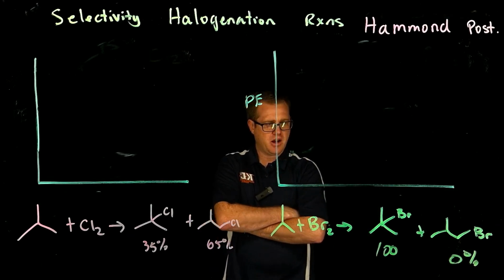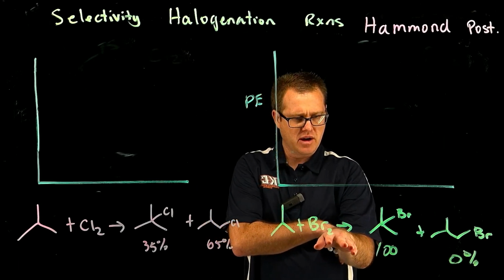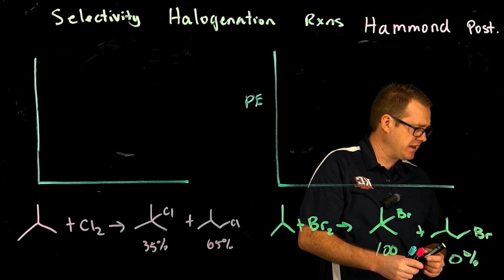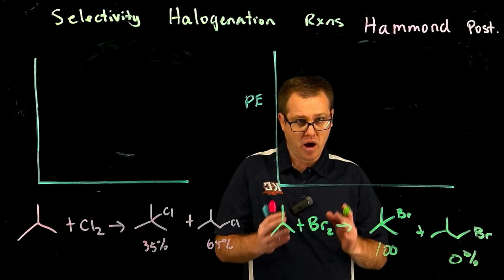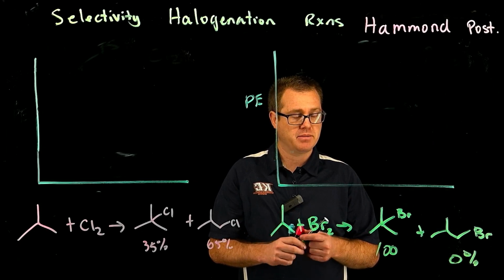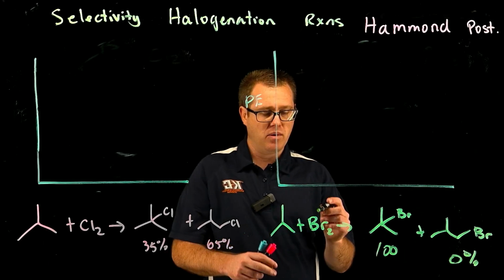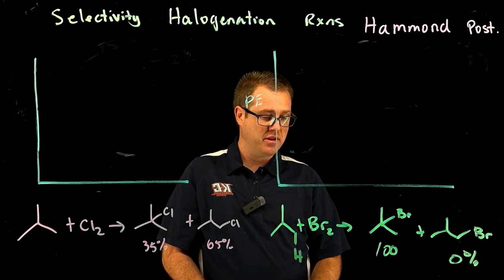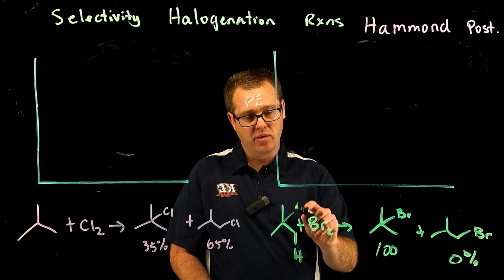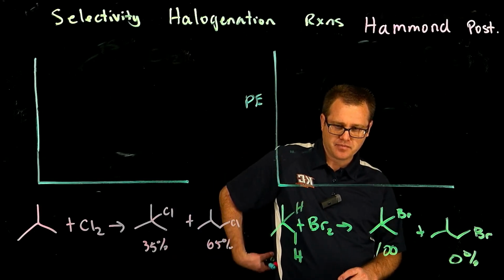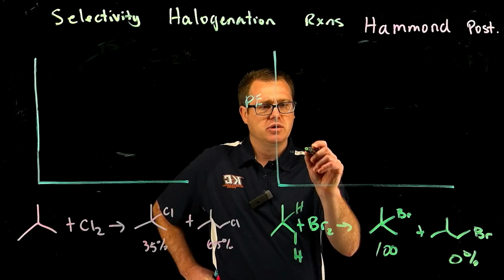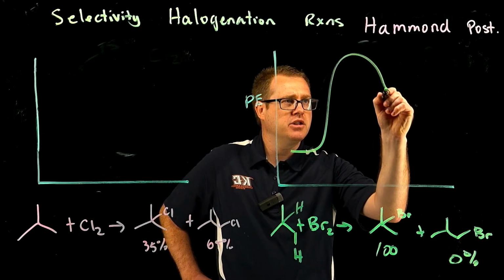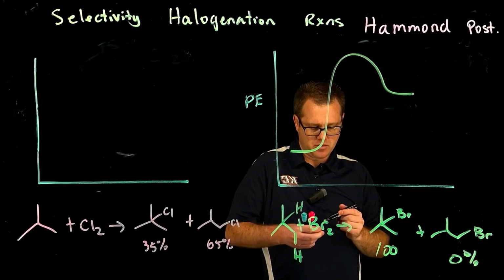Now, let's take our attention here on drawing the energy diagram for this one and see why we have so much selectivity. So we're going to do the first part, the first propagation, where we abstract the hydrogen. And what we have here is an option to abstract one hydrogen off the primary carbon or this one at the tertiary carbon, right? So what does that look like? Well, we're going to have an energy difference like that, like so.